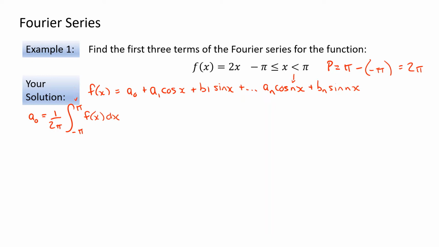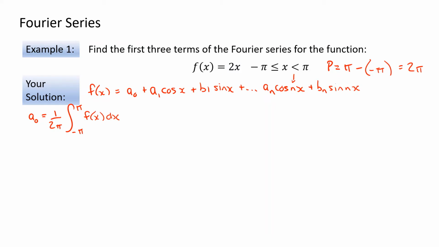What you're also going to see is that there are several terms that will end up being 0. If you really wanted a full Fourier series, you'd have to expand it out to more than the first three terms, but the method for finding each term is the same, using these same three formulas.